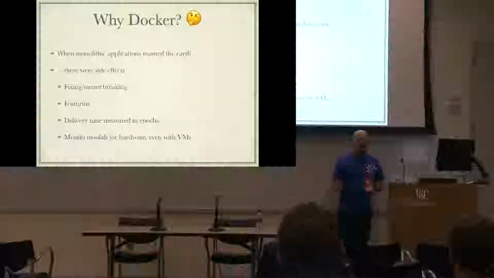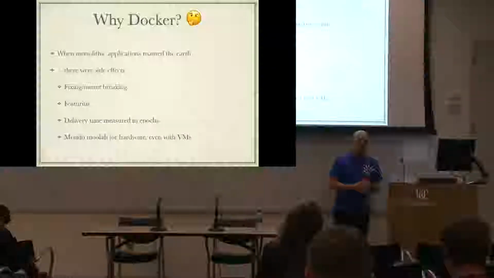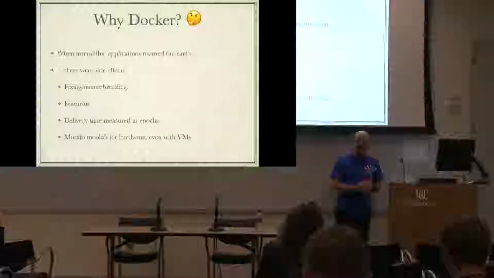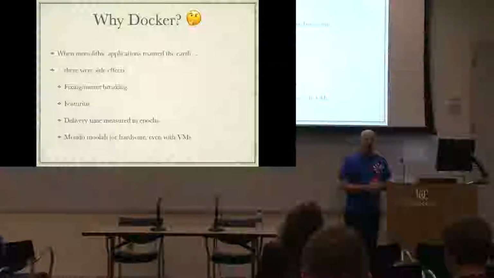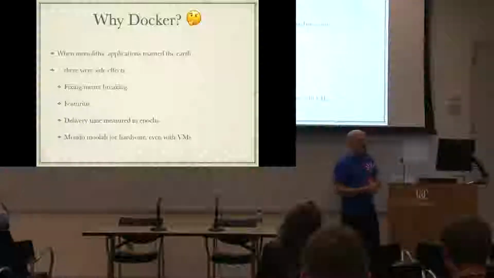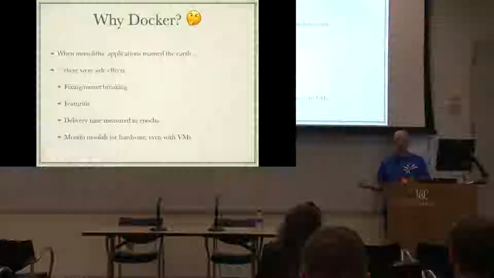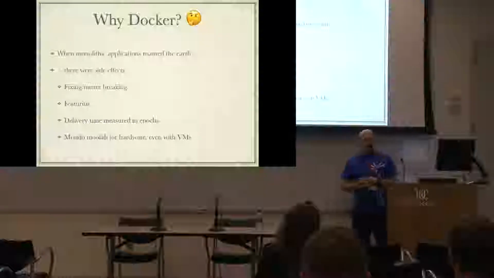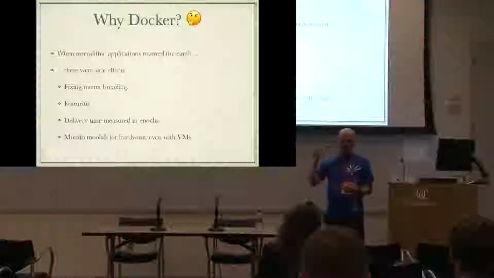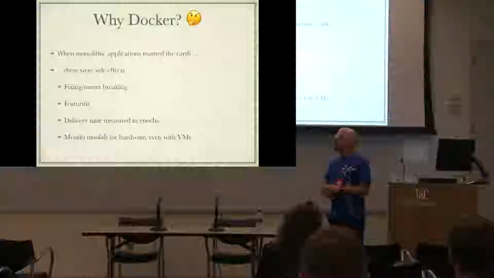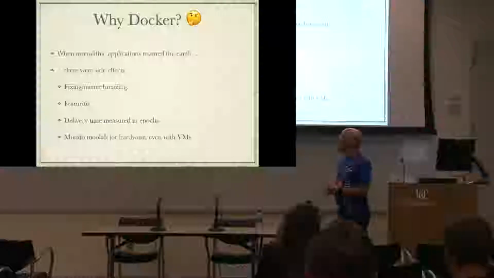There was often featureitis, back in the days when Microsoft Word was still being sold independently. I don't know if you still can get it independently, but I think it was when they got to the mail merges that things really started to get out of hand. So too many features made things too complicated. Delivery time to go from 0 to done was forever, and by the time you got to the end of the project, often what you were building wasn't what the customer needed anyway because time had moved on.